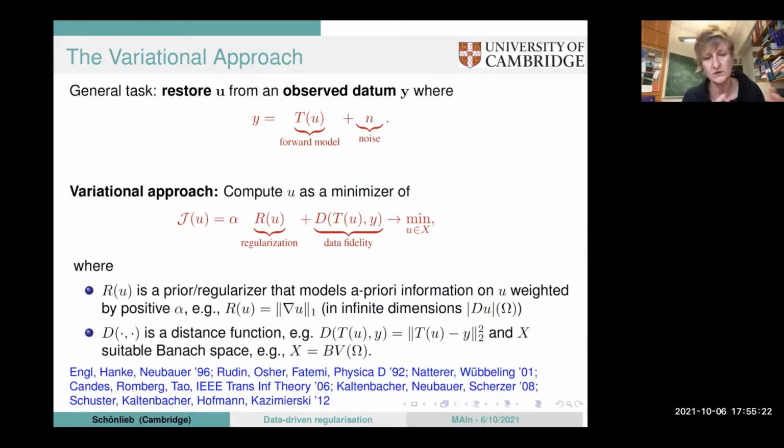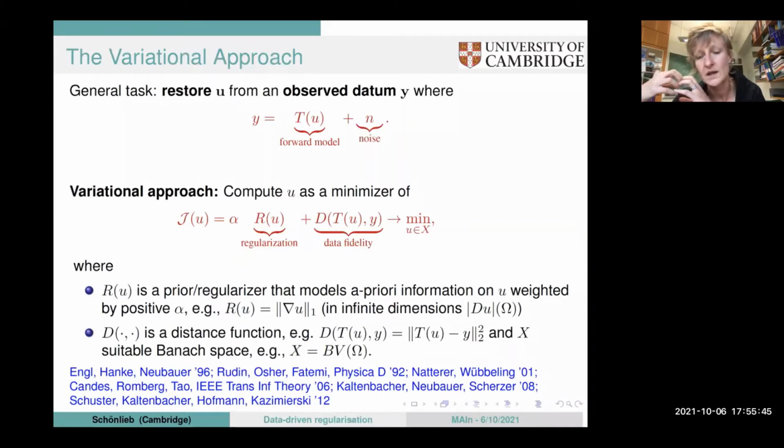You can also see here the link of this variational regularization approach with the Bayesian inverse problems philosophy. I'm just briefly mentioning this to make a link to statistics. We're not going to use this later.